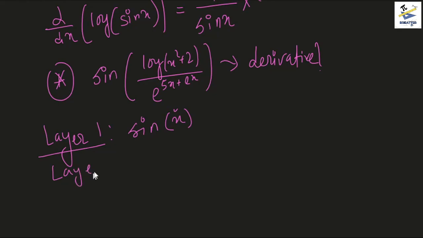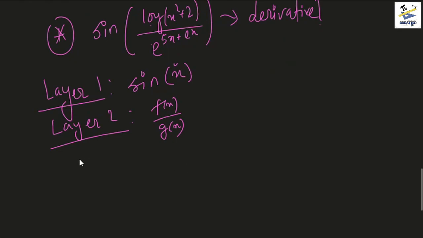Layer 2 is of the form f(x) by g(x), which we learned before, that the derivative of two functions can be evaluated how.